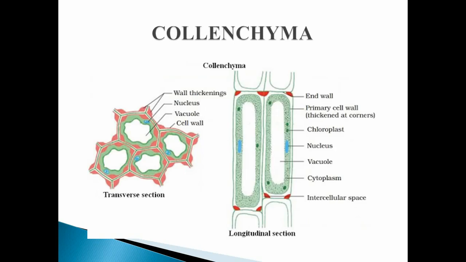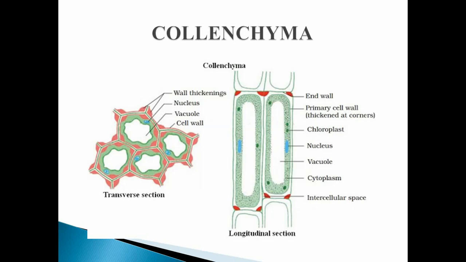Next we come to collenchyma, another type of simple permanent tissue. The flexibility in plants is due to this simple permanent tissue called collenchyma. In the picture you can see the cells are elongated and these cells are also living like parenchyma cells.